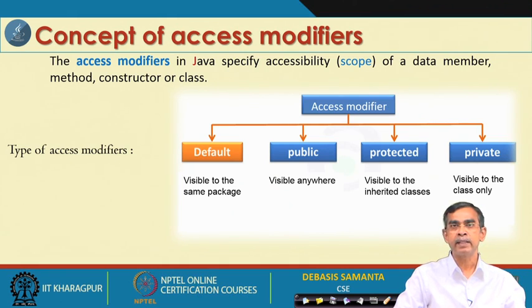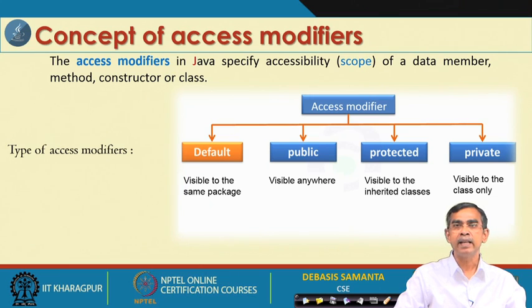If we put an access modifier before a member, for example, before a field, a data value or a method, then that member will be accessed according to the access specifier. If it is public, then it is visible anywhere.